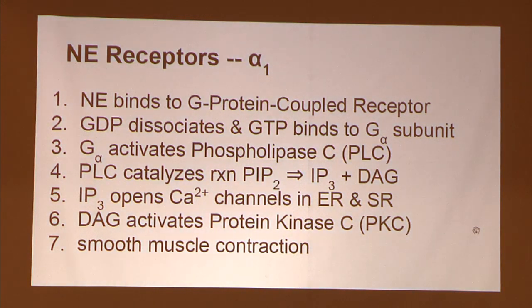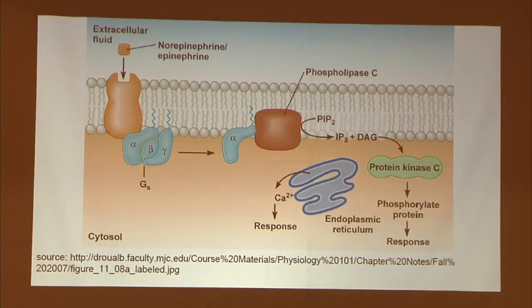So let's look at a picture form of this. We have norepinephrine binding to the alpha-1 receptor. Then the alpha subunit of the G protein is going to activate phospholipase C, which is an enzyme or a protein in this cell membrane. Phospholipase C is going to catalyze the reaction of PIP2 to IP3 and DAG.